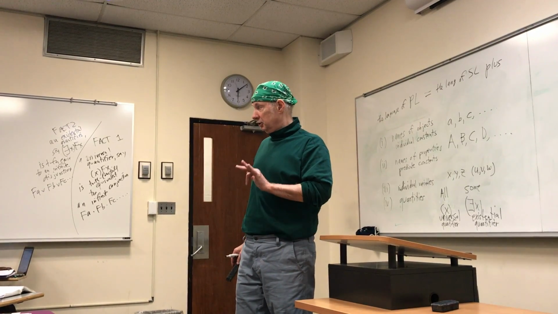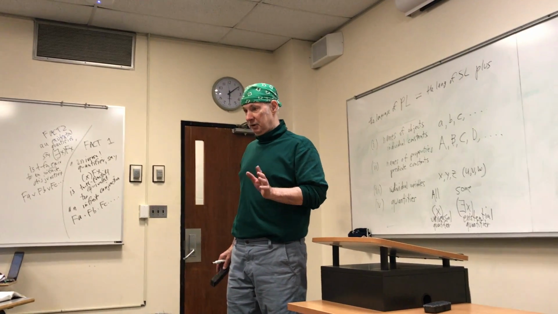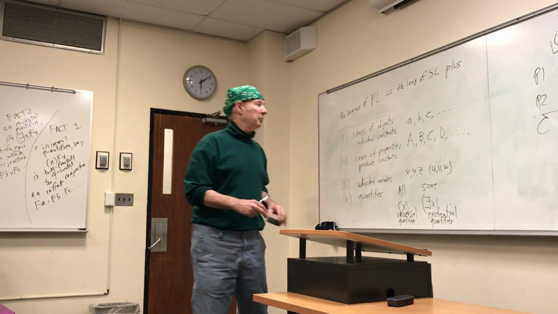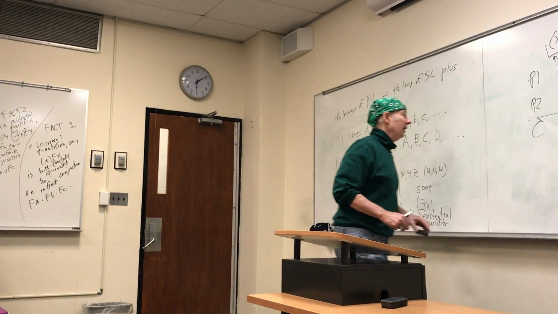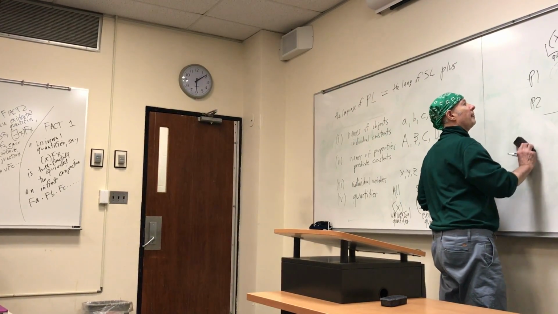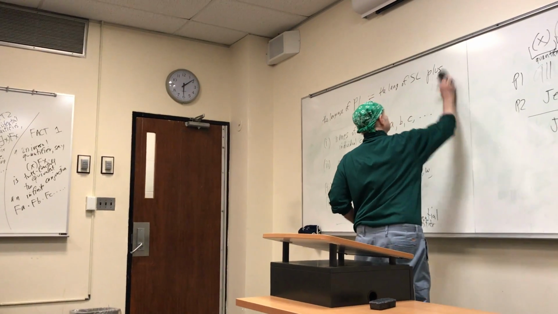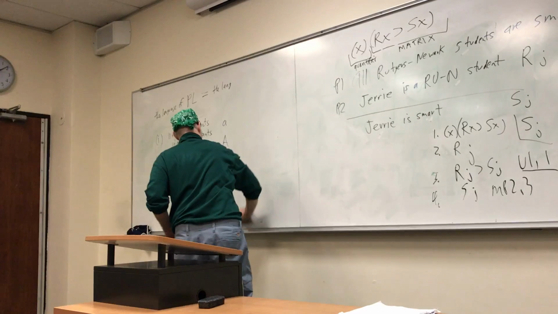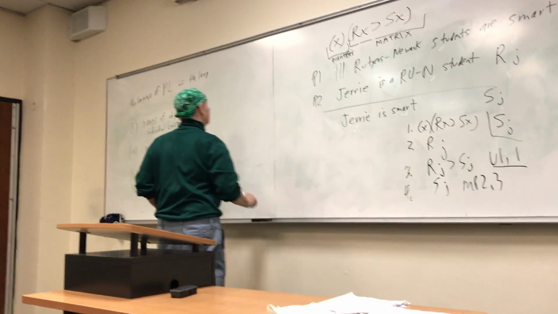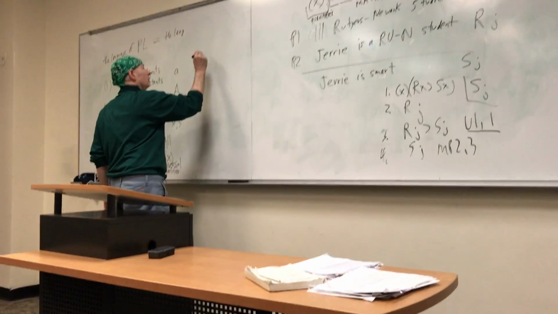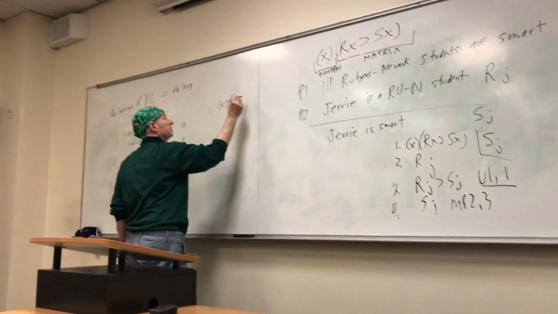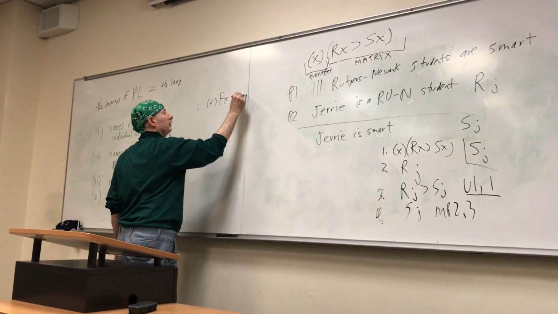But we do need to do a little bit of that in this course, and we need to get some basic ideas about how this works. So, this is a very basic sentence. Everything has F.